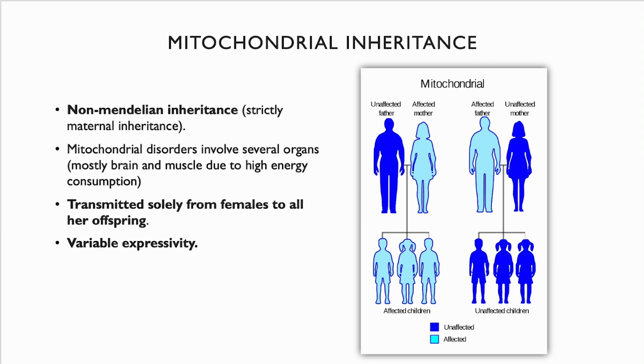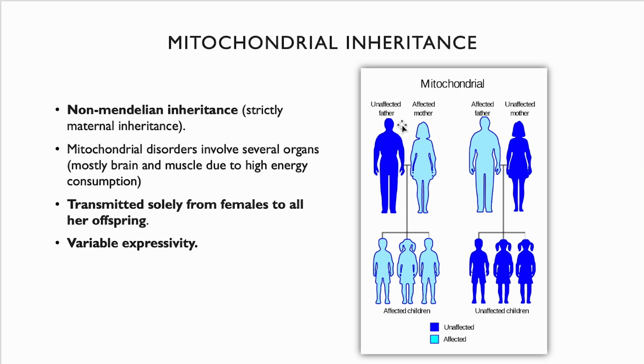And what diseases do people manifest when they have problems with the mitochondria? Well, just think of the tissues that have a very high metabolic activity: brain, muscle. What is going to be the inheritance pattern? Well, only from females to everybody, to males and females. All the kids will inherit the condition.